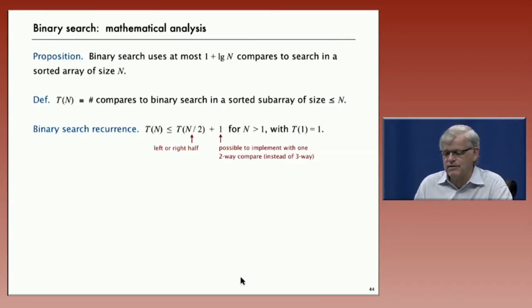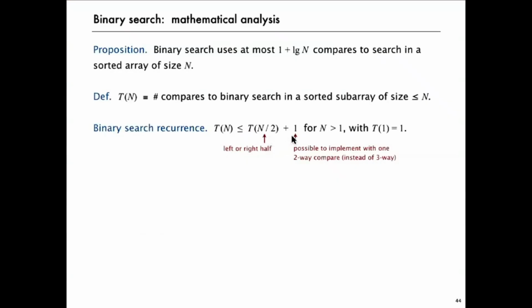And what the code does is it divides the problem size in half, so that T(n) is less than or equal to T(n/2) plus 1, depending on how you count what the compare is; think of it as really a 2-way compare. So divide it in half by doing 1 compare. And that's true as long as n's bigger than 1. If n's equal to 1, the solution is 1. So that's a recurrence relation describing the computation.